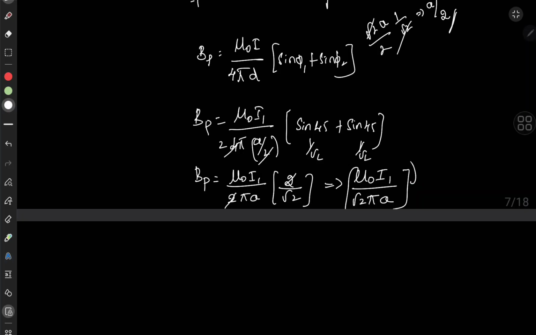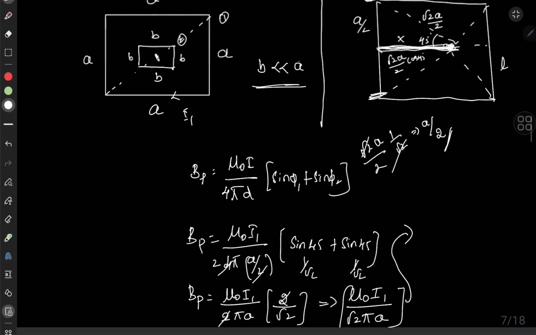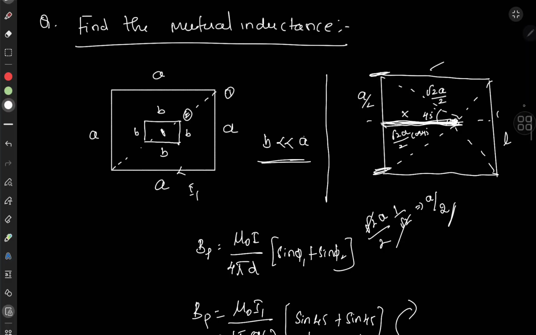After getting the magnetic field, next what we have to do? Multiply by 4, because how many rods are there? 1, 2, 3, 4. So 4 rods are there.